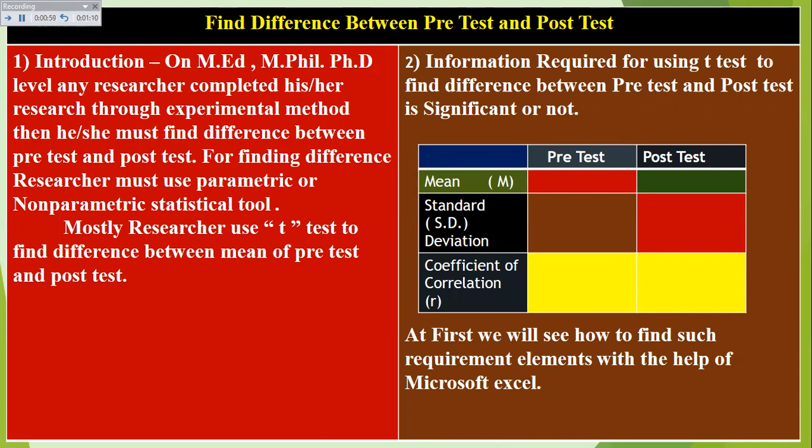Friends, if a researcher wants to find the difference between pre-test and post-test in a single group design, or the post-test of the control group and the post-test of the experimental group in an equivalent group design, then he should know these things shown in the table: mean of pre-test and post-test, standard deviation of pre-test and post-test, and coefficient of correlation between pre-test and post-test.